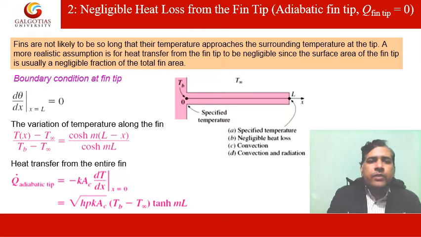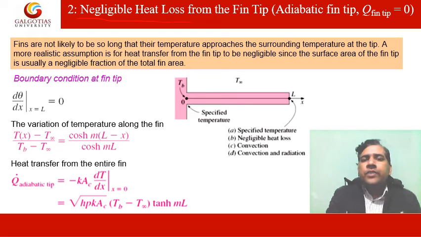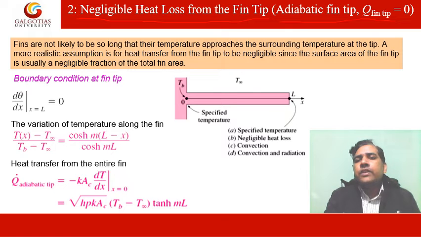Now there may be another case where the fin might be insulated at the tip. That is called negligible heat loss from the fin tip, or an adiabatic fin tip, where Q of the fin tip equals 0.